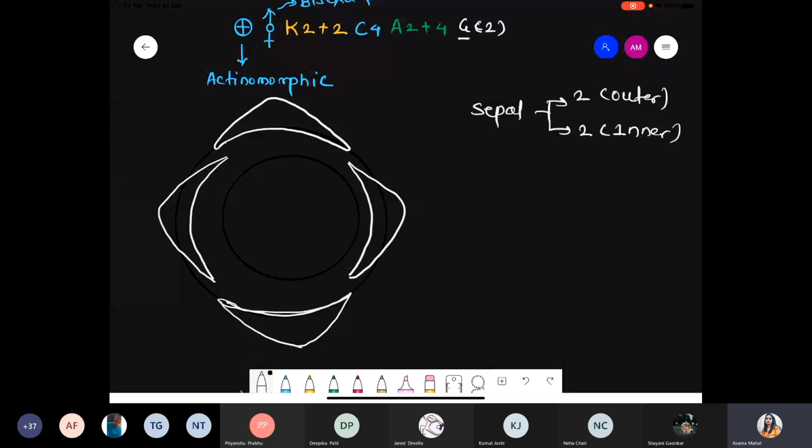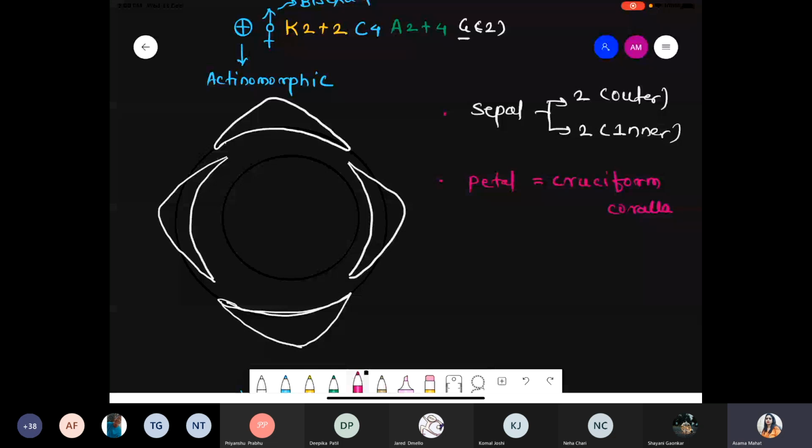Now inside the calyx, there is the second one, the corolla. Corolla is 4. 4 means what? Without a bracket, it means that they maintain their individual personality. So we are drawing 4 corolla, 4 petals, and please remember in this condition we are talking about petals, and the total number is 4. But in the case of Brassicaceae, the corolla shows cruciform arrangement, and you know very well that cruciform corolla looks like an X shape but without fusion.